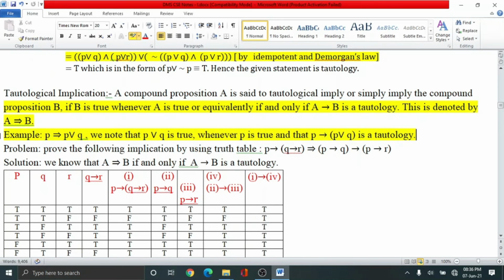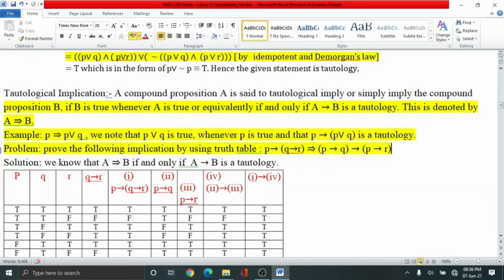For example, P tautologically implies P disjunction Q. That is, P implication P disjunction Q is a tautology, and that can be verified by constructing a truth table. And this happens whenever P is true. And I have taken a problem.